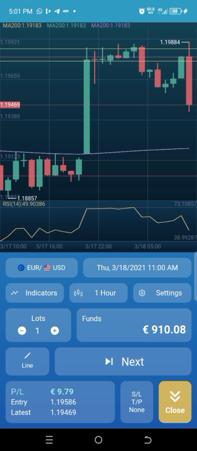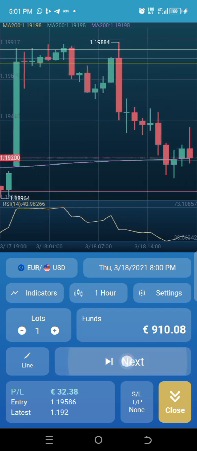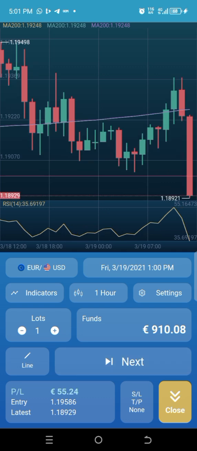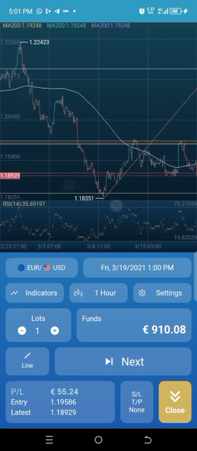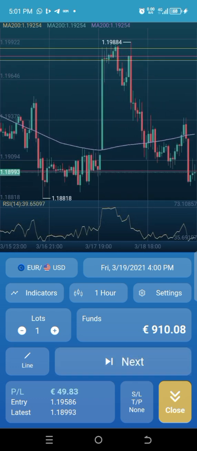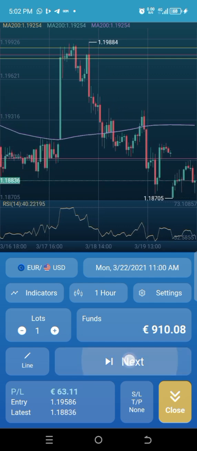Not yet closed above the stop loss. Let's wait and see. Our profit target is here, this line here. So let's wait for price to reach there, hopefully.